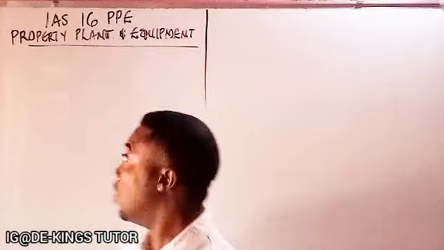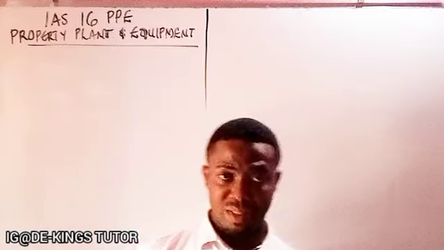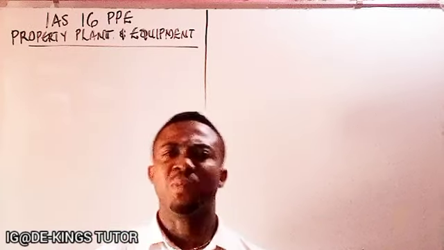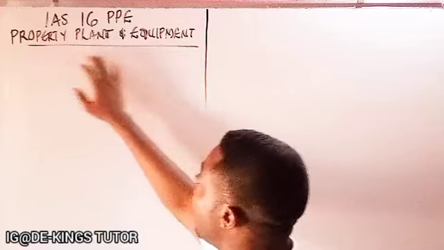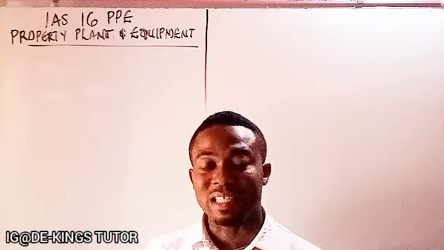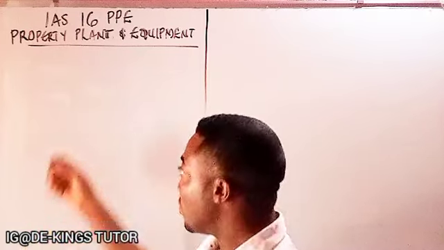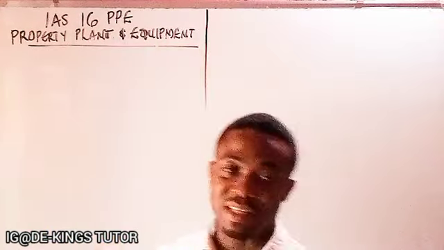So IAS 16 has to do with property, plant, and equipment. Now what is property, plant, and equipment? If you watch closely, there are three different names that have a requirement for any item to fall into it. So we said property, plant, and equipment, known as PPE.